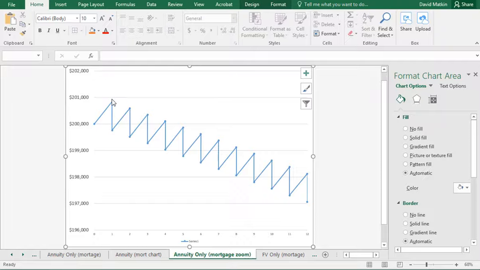So here's the first month's growth, and then the payment that gets us down, and then another growth of interest and another payment, and another growth of interest and another payment. And the payment size, these vertical lines, will be fixed the whole way through the relationship of this loan. But the increase each month will get shallower and shallower.